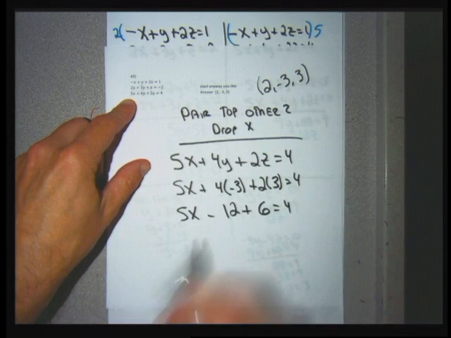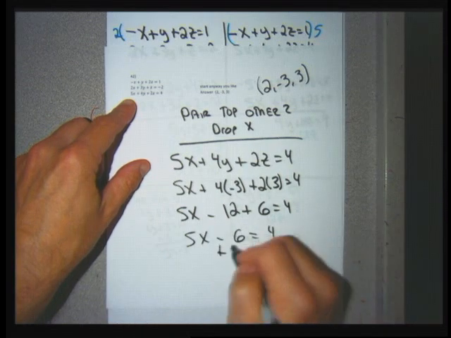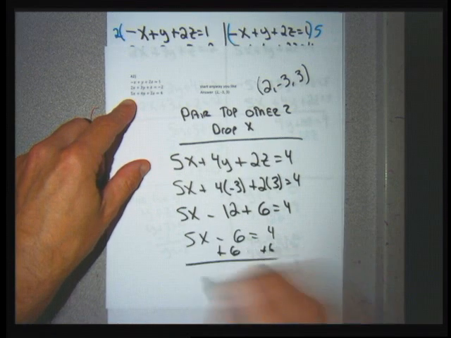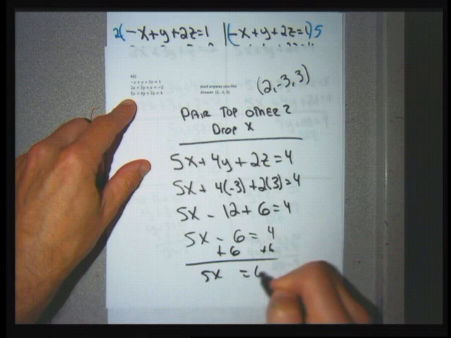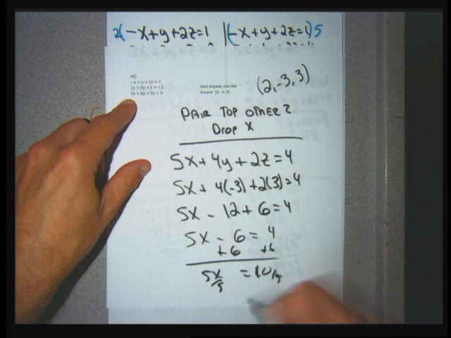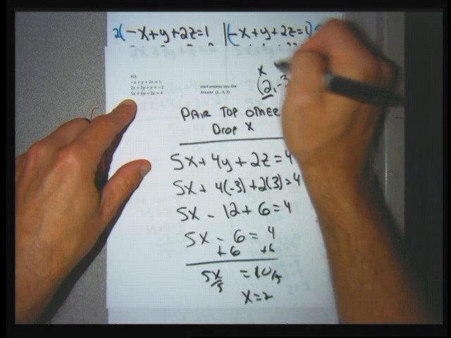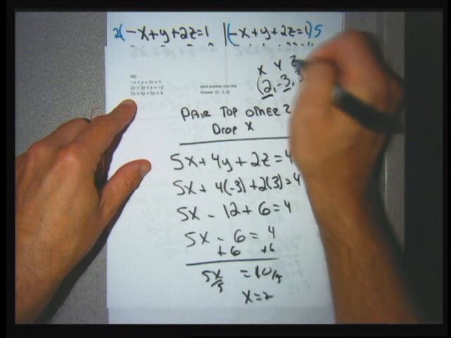That would give me 5x minus 6 equal to 4. I add 6 to both sides, I'd get 5x equal to 10. Divide both sides by 5. I get x equal to 2.